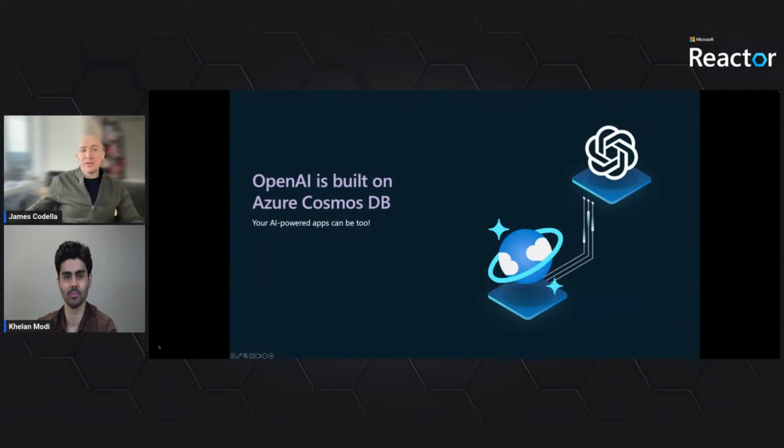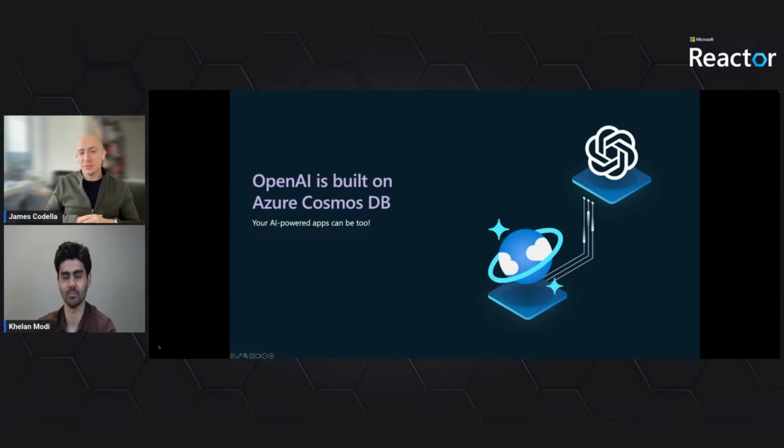And as you may know, OpenAI is built on Azure Cosmos DB. Cosmos DB has been used for ChatGPT chat history in multiple scenarios to power ChatGPT for ages. As ChatGPT has scaled to incredible usage, and as you may know, ChatGPT is one of the fastest growing, fastest adopted applications in history.